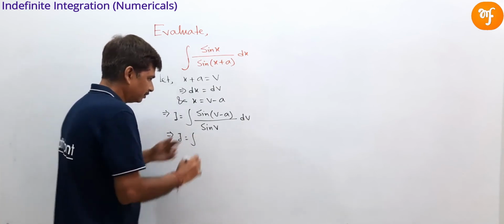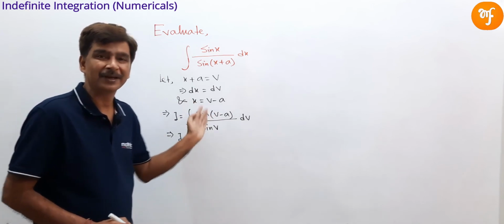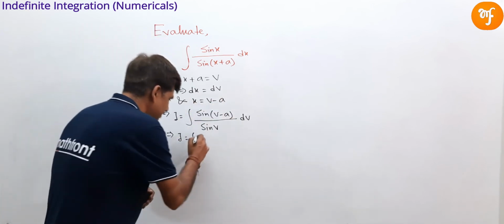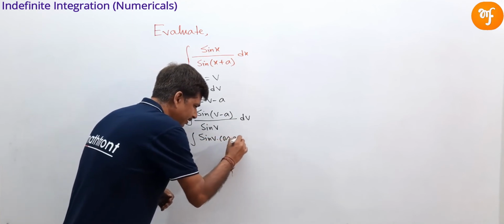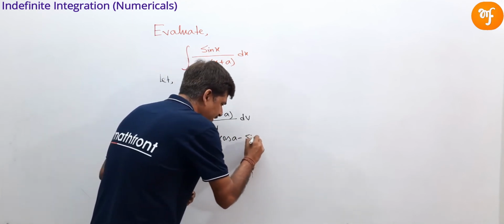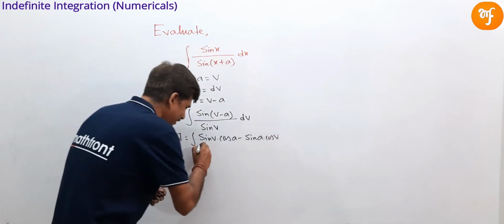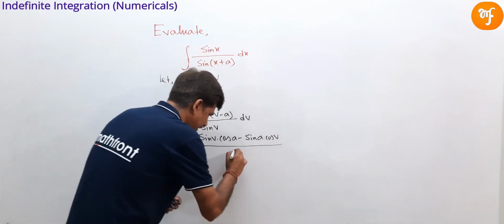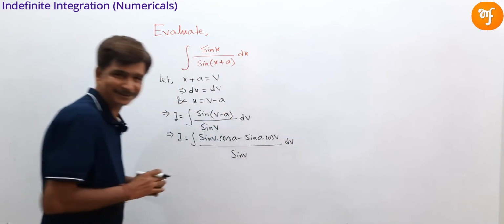Now at the numerator sin of (v minus a) is there, we can apply the sin of (a minus b) formula. So this is sin v cos a minus sin a into cos v, whole divided by sin v dv. Clear?